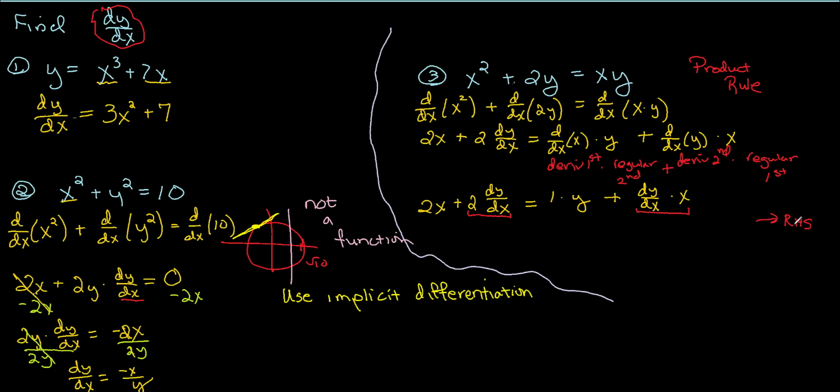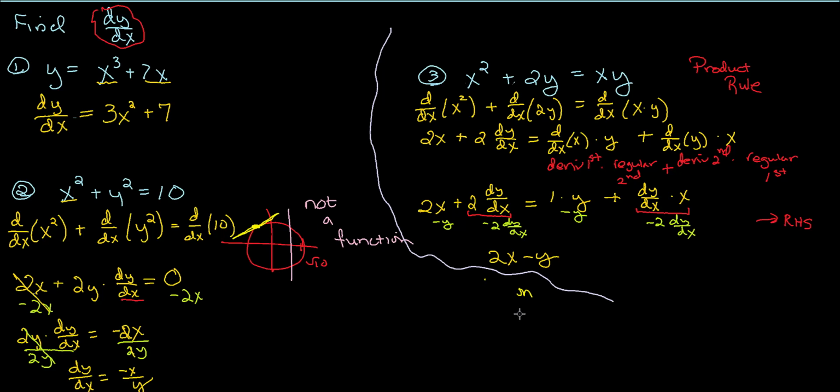So to start with that, I'm going to subtract y from both sides. And I'm also going to subtract a 2 dy/dx from both sides. Let's clean this up. On the left-hand side, I have a 2x minus y. Just make a little bit of space.